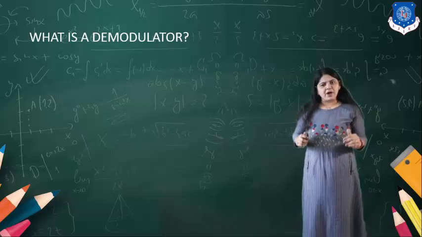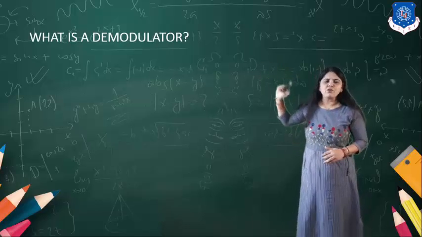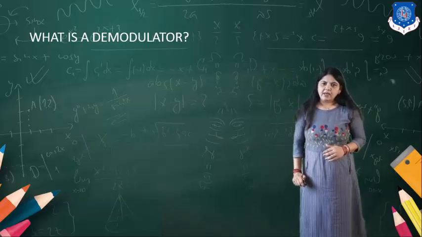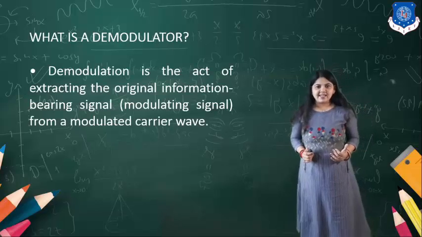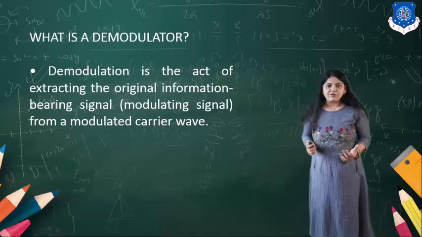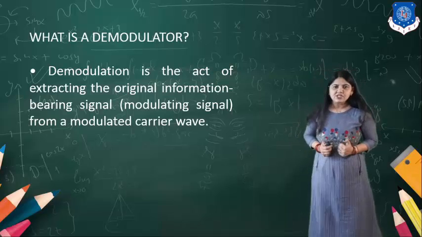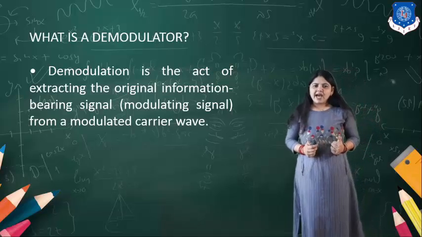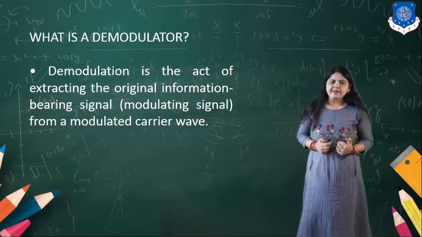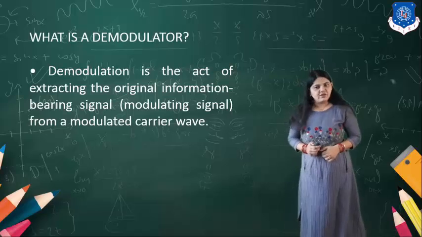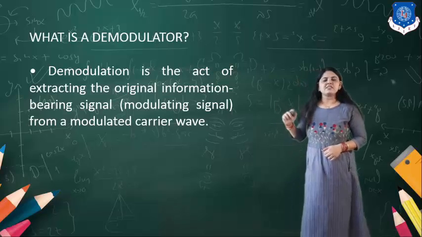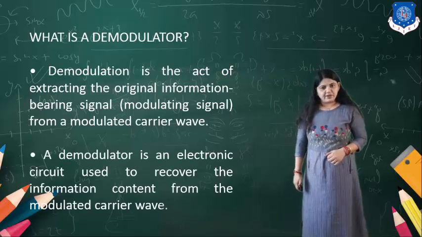So that is the purpose of demodulation, to take the information back. Demodulation is the act of extracting the original information-bearing signal, the modulating signal, from a modulated carrier wave.